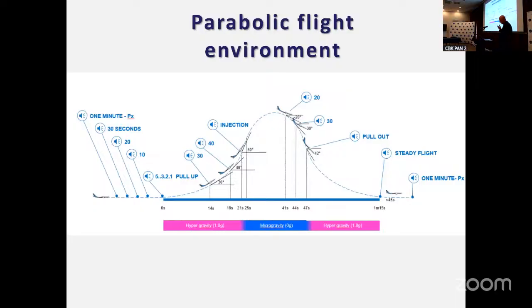So what does the parabolic flight look like? It looks relatively simple, but in detail it is not so simple. It is not just a parabola. This parabola is generated in such a way as to have lunar gravity conditions with respect to the floor of the aircraft for around 30 seconds.